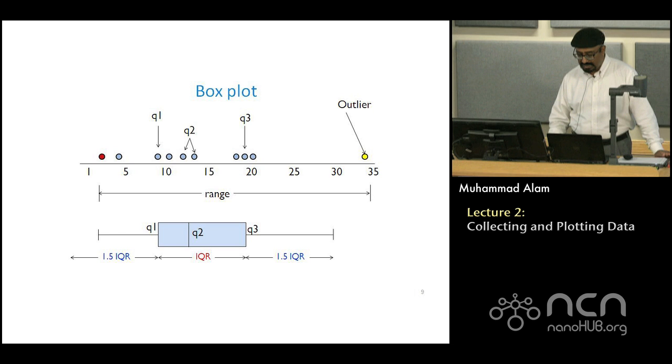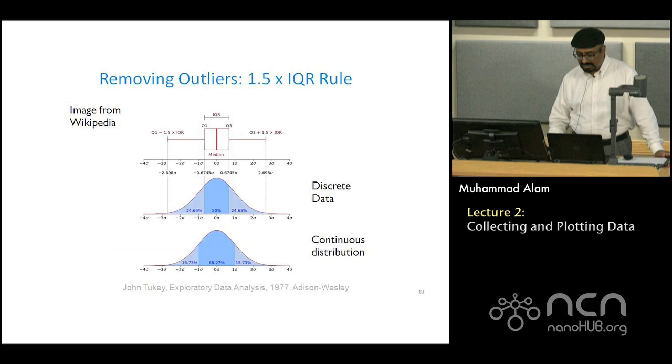Why is it not, let's say, 2 IQR or 3 IQR? It comes from the fact that if you had a very large sample, you could in principle have a continuous distribution. And in fact, that 1.5 IQR shows that it is about 2.7 sigma away in a continuous distribution.